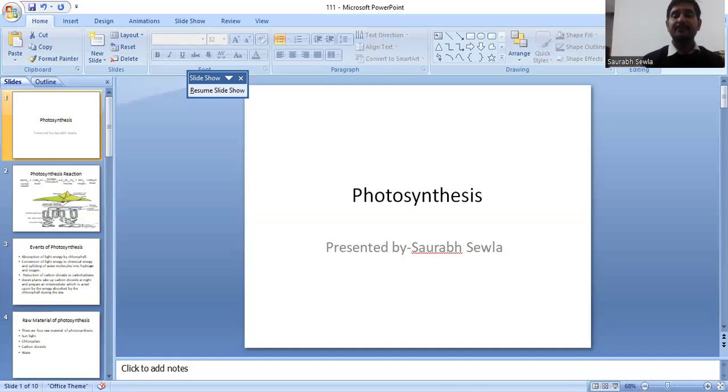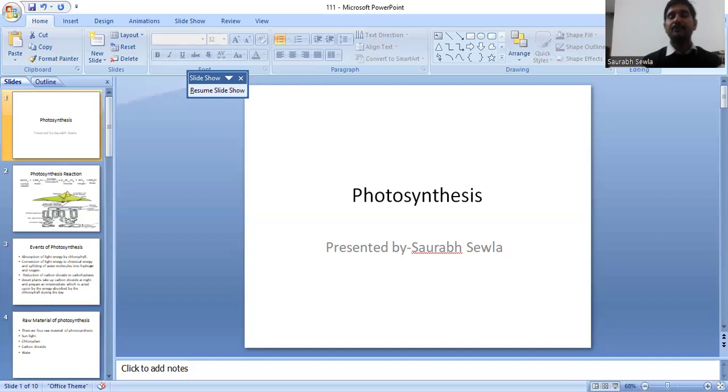After some days, we remove this leaf and keep it in boiling water. After that, transfer it to ethanol or alcohol solution to decolorize it.